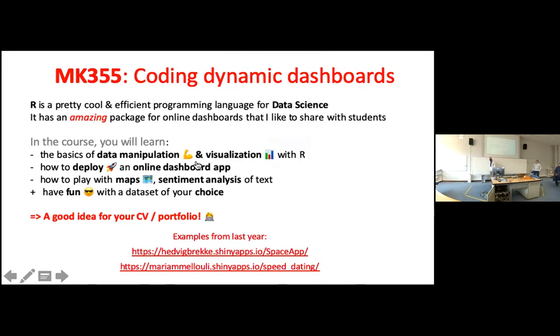But there are other alternatives, and one of the purposes of this course is to present you, harshly let's say, one alternative, which is the R programming language. And R is, in my opinion, an even better tool for data science than Python, but that's my own opinion. And so that's why I want to share it with the students.